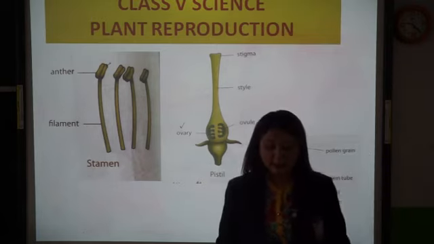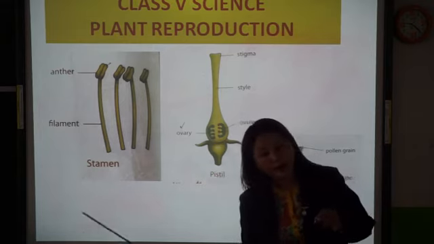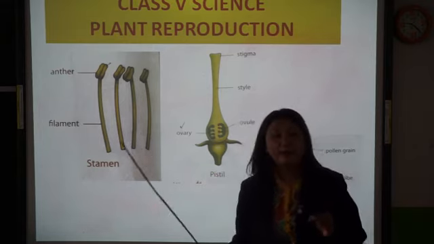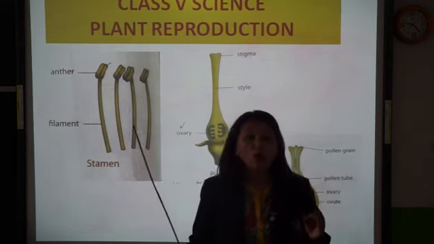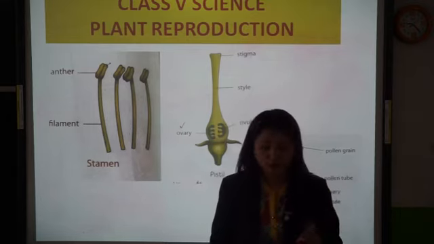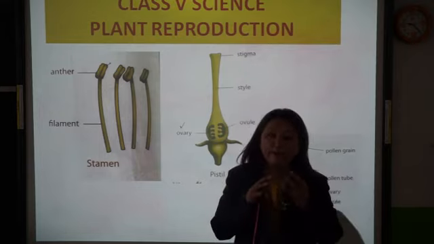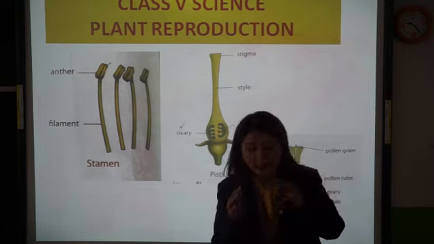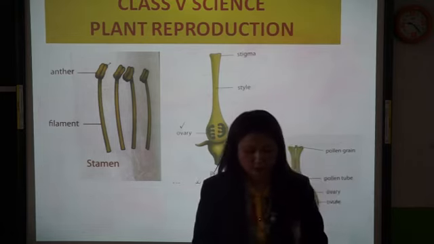Ovule contains the female gamete. Here, male gamete combines with the female gamete to form a new cell called zygote. The process of combining of male and female gamete is called fertilization.